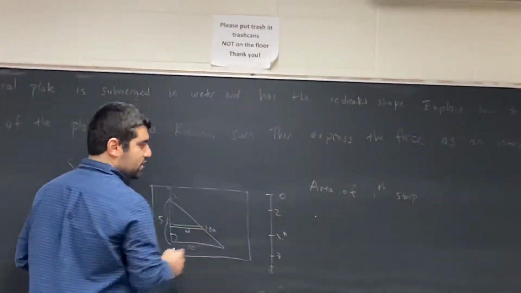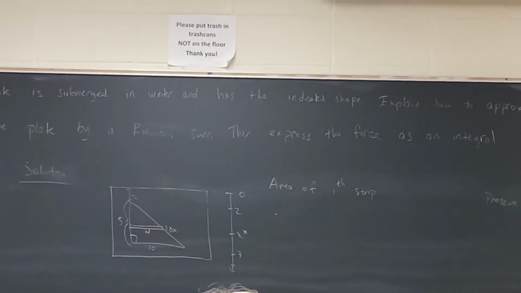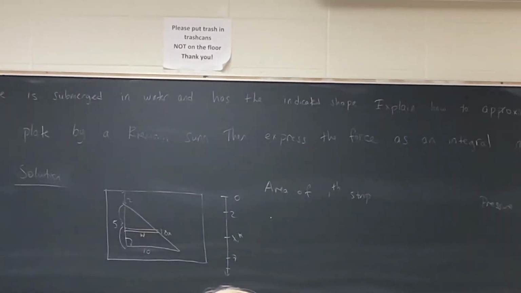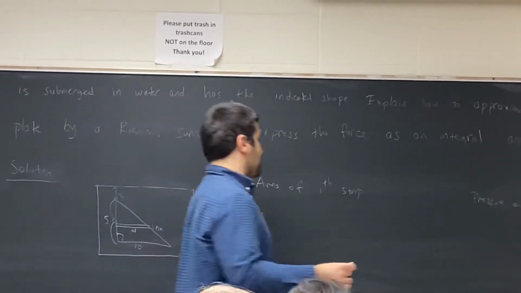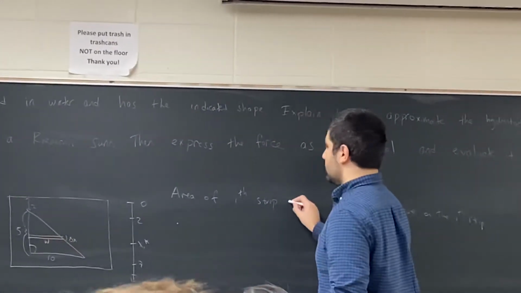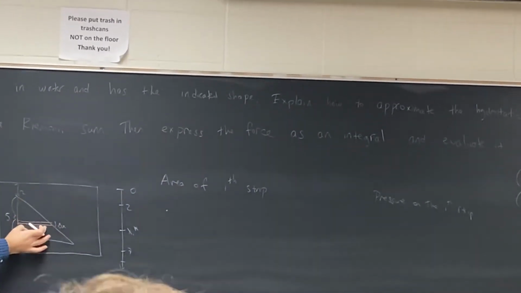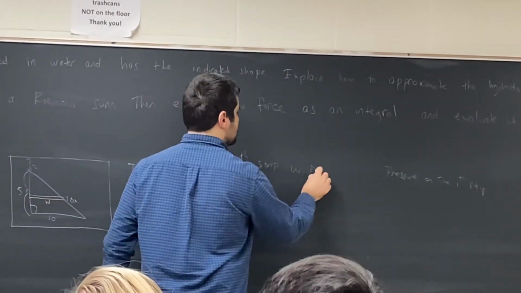Let's call it xi star. So the area of the strip is going to be, this is a very, very thin rectangle, so it's length times width, W times delta x.